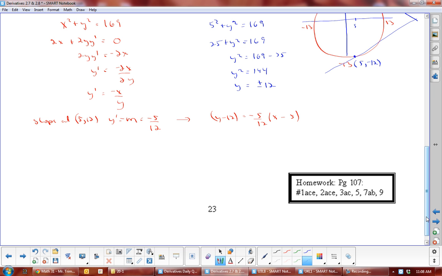If we multiply everybody by 12, we'll have 12y minus 144 equals negative 5x plus 25. If we bring that all to the left, we'll have 5x plus 12y minus 169 equals 0. That's the equation of the tangent line at 5, 12.